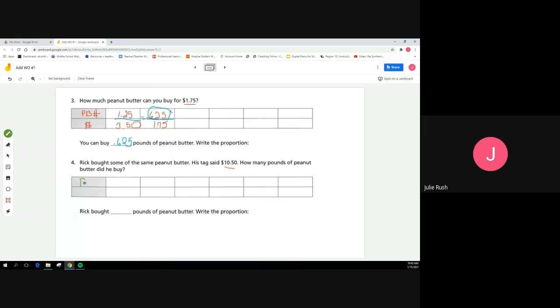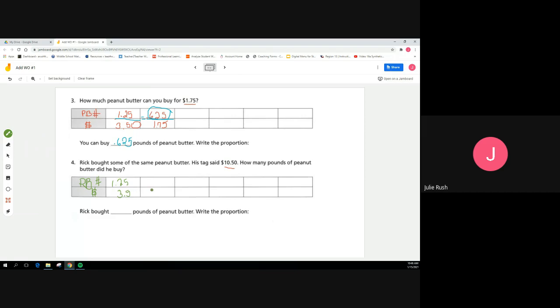Hopefully you've had time to solve. Peanut butter on top. You would think my writing would get better, but it seems to be getting worse as I go through today. My apologies. Always starting with the given ratio, because I might not have been doing all these tables before, which is 1.25 and 3.5, or $3.50. I am trying to get to $10.50, which is here.